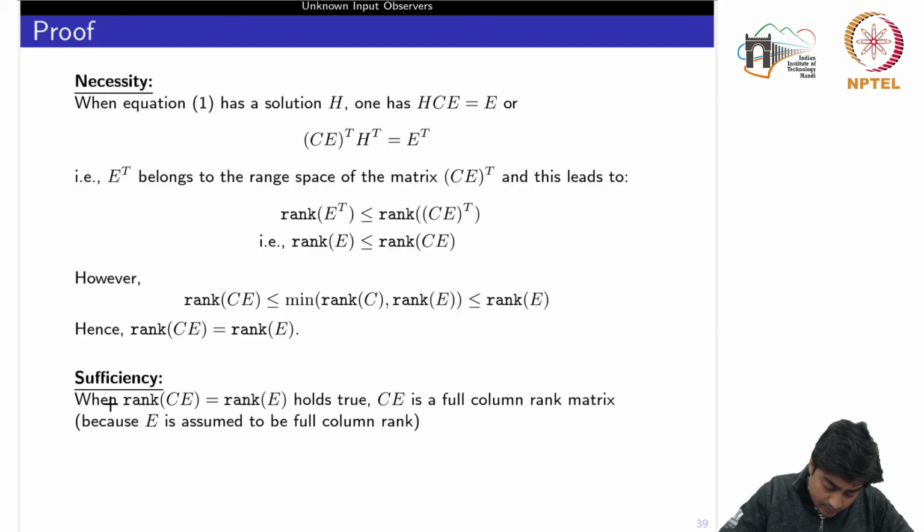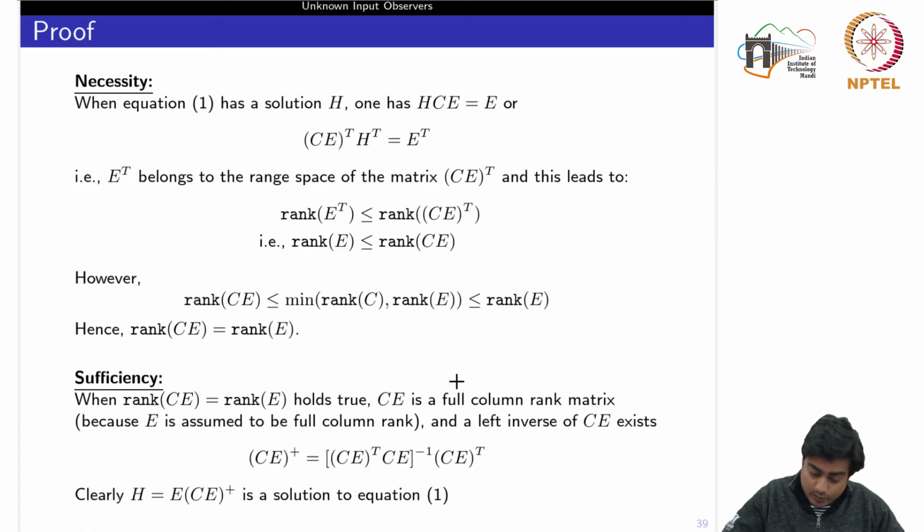In the sufficiency, when rank of CE equals rank of E, and we know that E is already a full column rank, meaning CE would also be a full column rank matrix. Now if CE is a full column rank matrix, then I can take a left inverse of this matrix, which can be written as CE. We have used another denotation as plus.